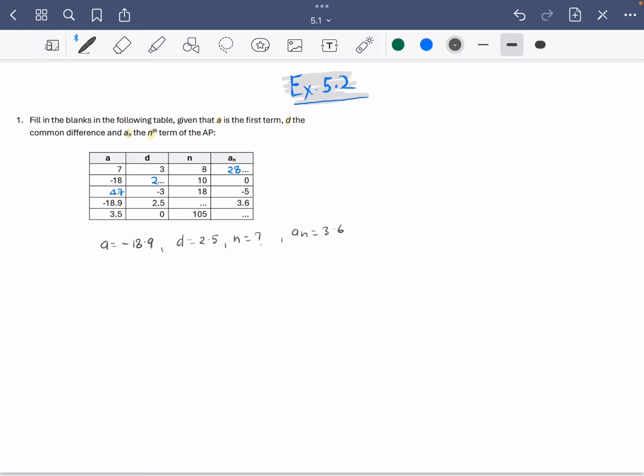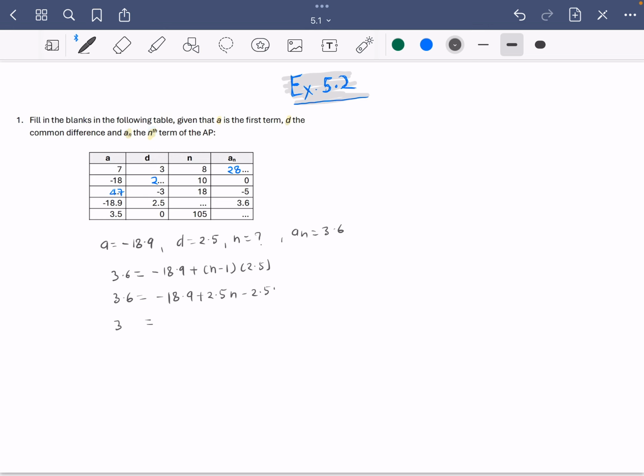So we are going to use the same formula, general term of an AP, AN is equal to A plus N minus 1 times D. So AN, that is 3.6, is going to be equal to A, that is negative 18.9, plus N minus 1, not given here, we have to find out, times D, 2.5. So 3.6 is going to be negative 18.9 plus 2.5 times N minus 2.5.